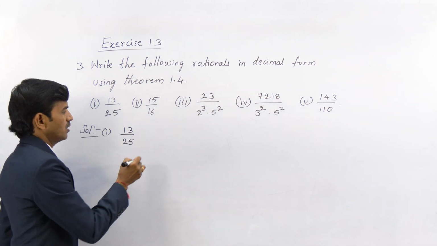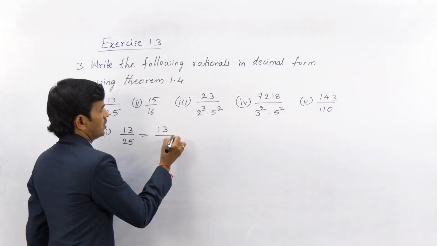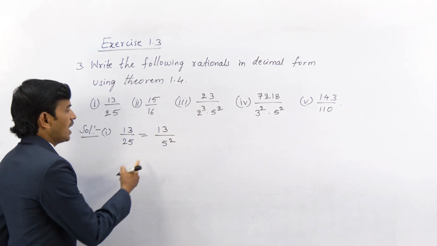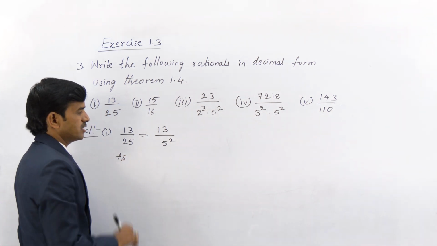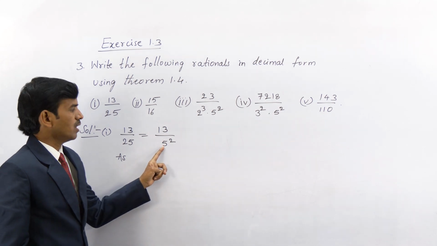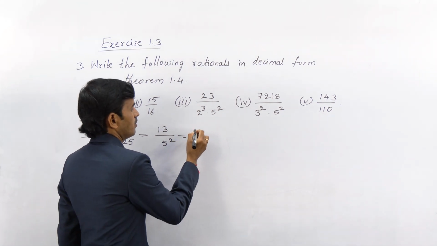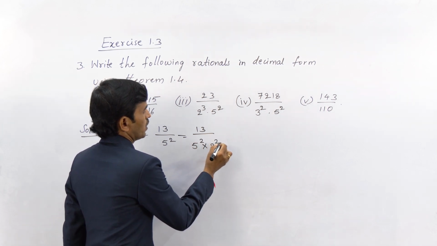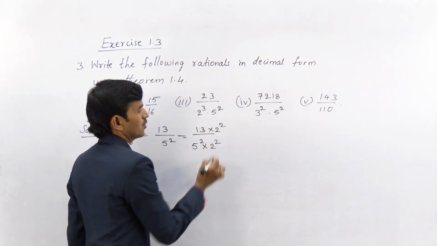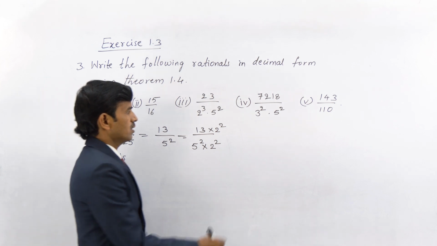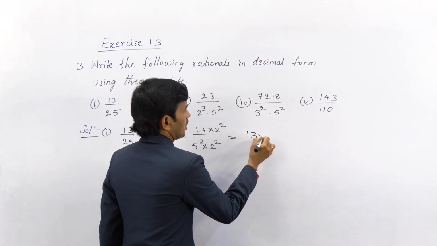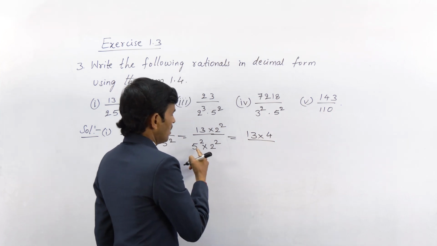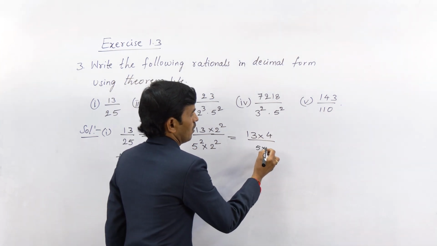For the first solution, here 13 by 25 can be written with denominator 5 square. As the denominator is in the form of 5 square, it can be multiplied by 2 square, and at the same time the numerator also by 2 square. So that is 13 into 2 square, which is 4, by 5 into 2 whole square.